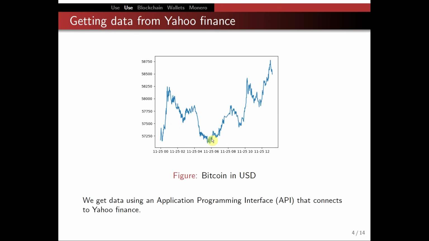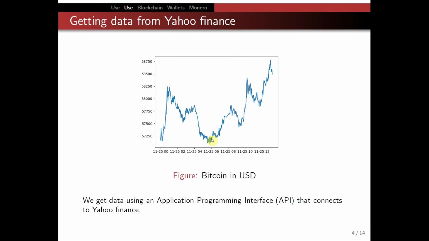The most famous ones are linked to the Google search engine, but also Yahoo Finance offers a very useful API that connects you to financial data, including even high frequency data. It's not really the highest frequency you can get, and there are some delays built in for commercial reasons.